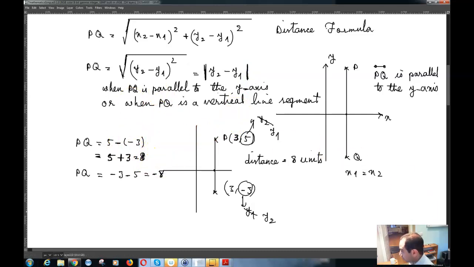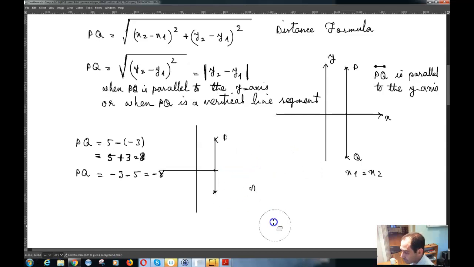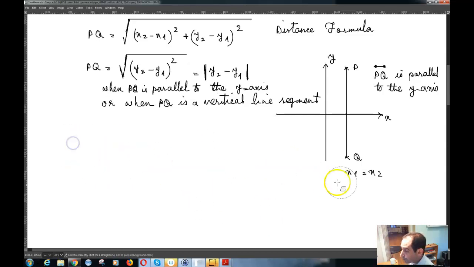Now there can be another case, when PQ is parallel to the x-axis, somewhere up here or somewhere down here. Let's say that this is your PQ over here.